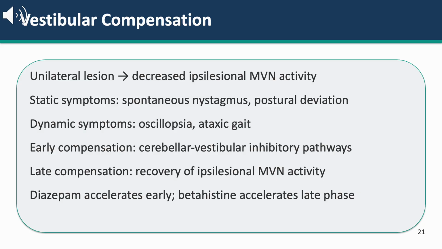In the late process, resting activity of neurons in the ipsilesional medial vestibular nucleus gradually recovers due to changes in cell membrane properties. Long-term administration of betahistine, a histamine H3 receptor antagonist, accelerates this late process. Dynamic compensation is facilitated by early ambulation and vestibular rehabilitation exercises.